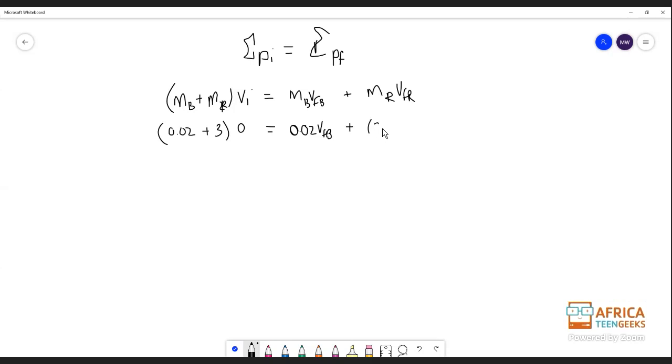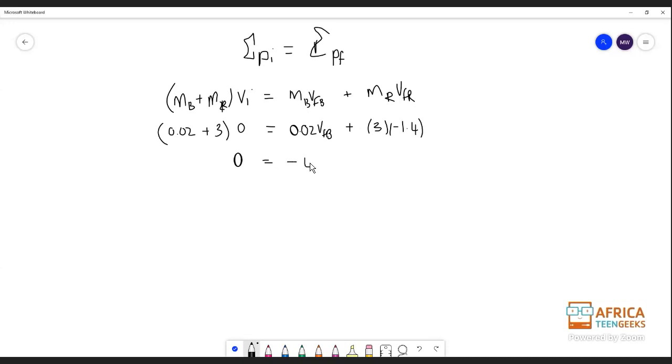And the mass of your rifle is 3 kgs, and they told us that it moved 1.4 meters per second in the opposite direction. It recoiled, so it went in the opposite direction. For that reason, we are giving it a negative value. So then this is equal to 0.